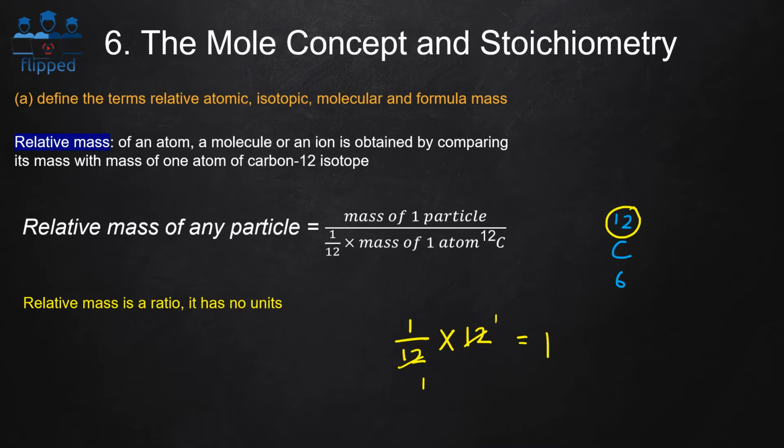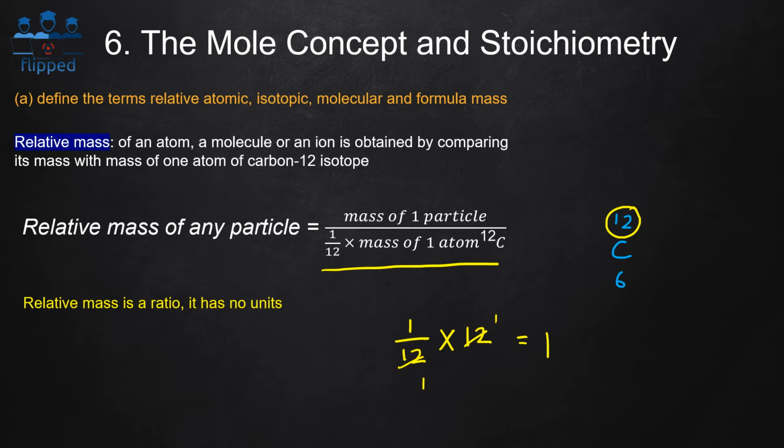So essentially, what I've done is take the mass of whatever particle I'm measuring divided by 1 here. Because the bottom part works out to be 1, since I'm using 12C as a base to compare with, whatever mass I have for the particle is my relative mass. And because it's done in this way, it's actually a ratio, and that's why it has no units.